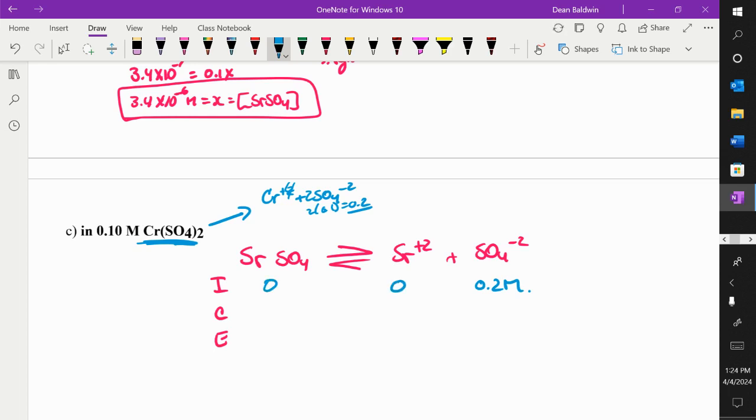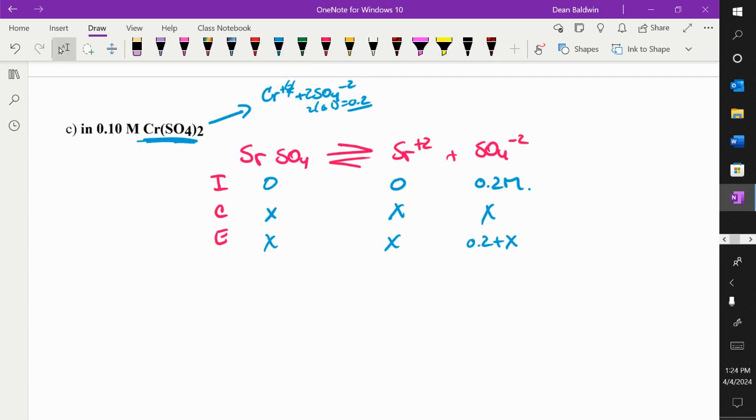Okay. Then we add a bunch of strontium sulfate to it. So our change is, I'll put X. So I get X, X. At equilibrium, X and 0.2 plus X. What's the KSP? 3.4 times 10 to the minus 7.